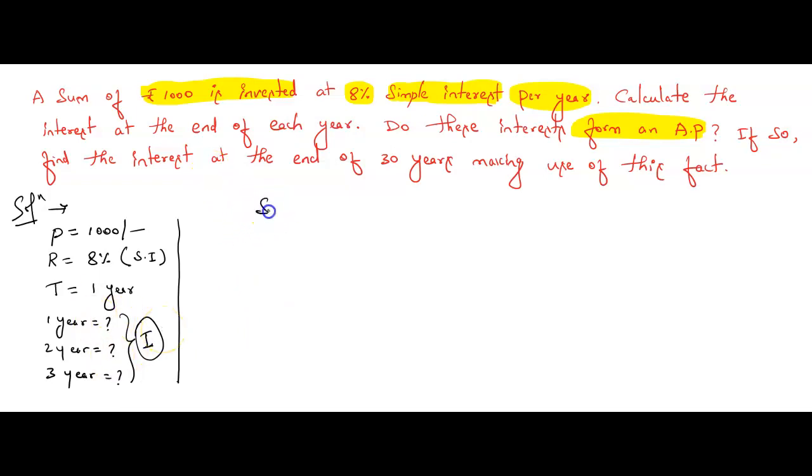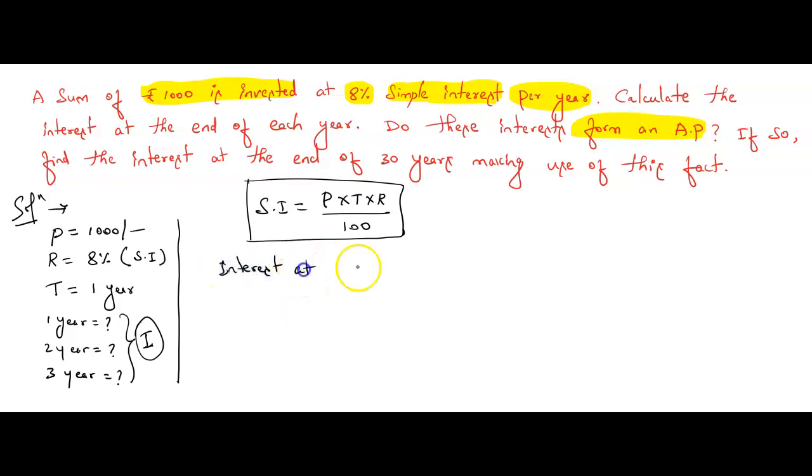See children, we know that the simple interest formula is principal into time into rate of interest by 100, that is PTR by 100. This is the formula we have to find the simple interest. So here let me calculate step by step. First let me calculate the interest at the end of the first year.